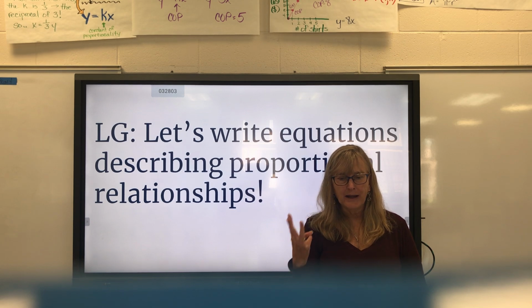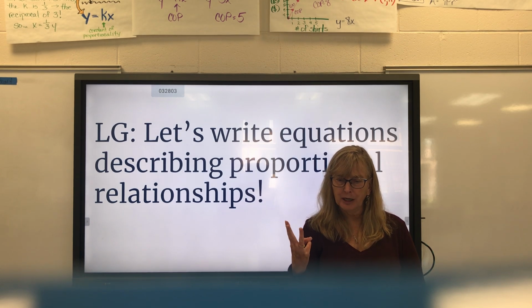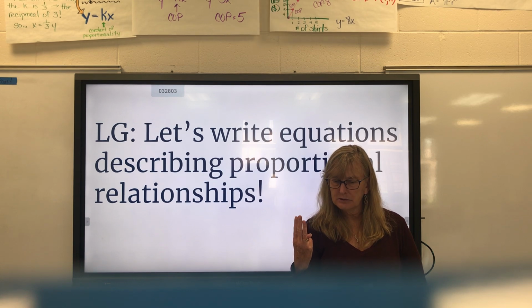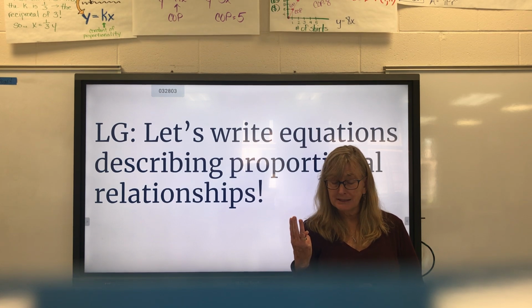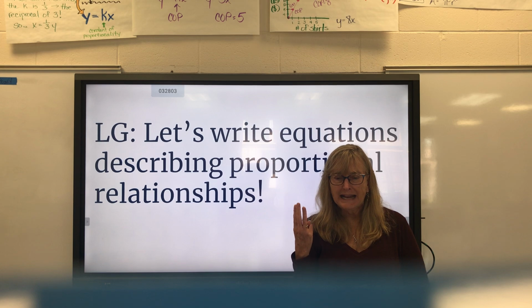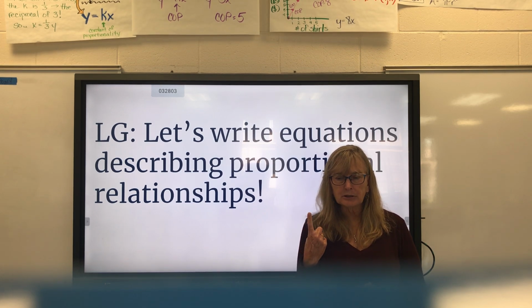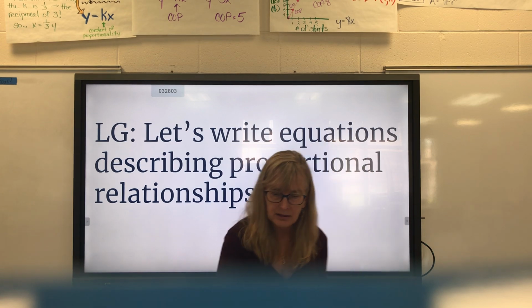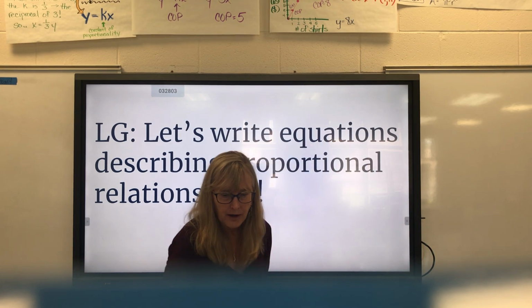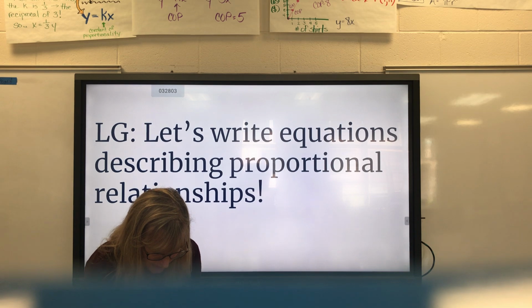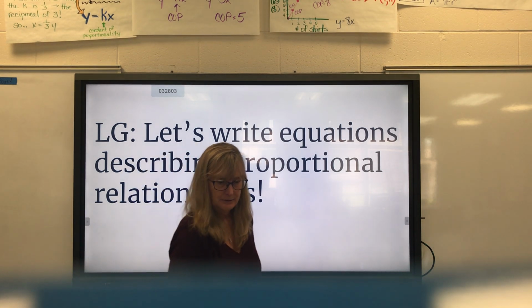It will have a variable if it's an algebraic equation. And what are variables? Rebecca? Letters. Letters that represent numbers, an unknown number, and it has to have an equal sign. Okay? Numbers are called constants, so it's going to have constants, variable, operation, and an equal sign.